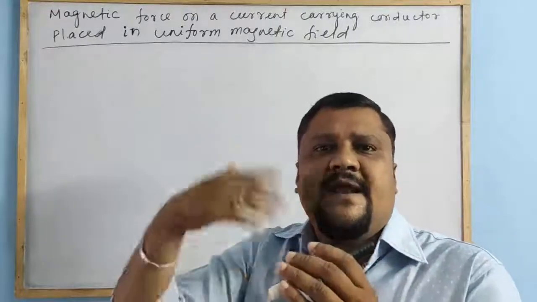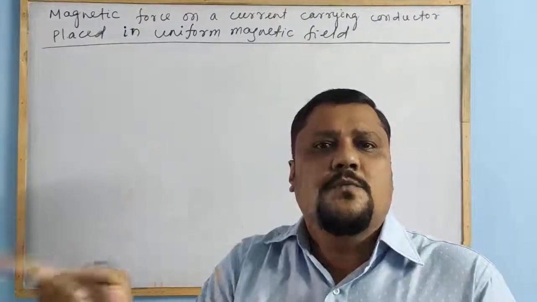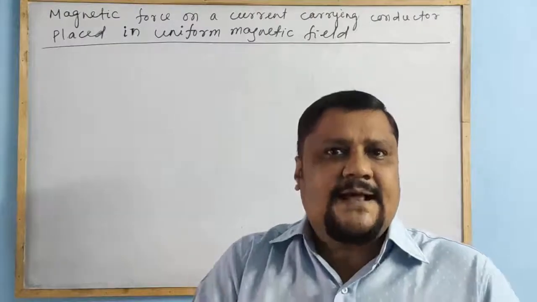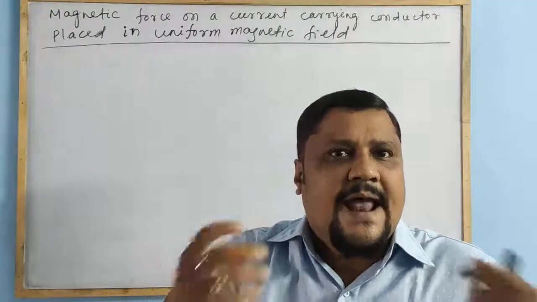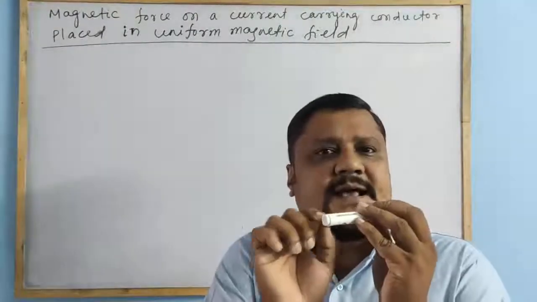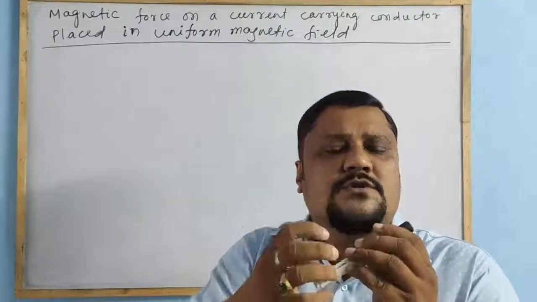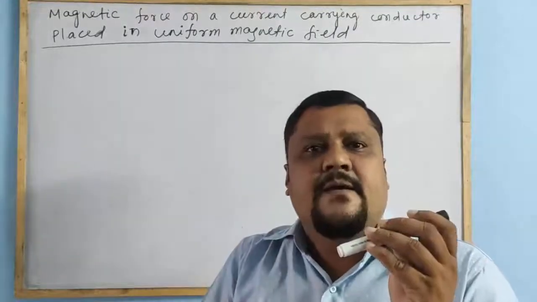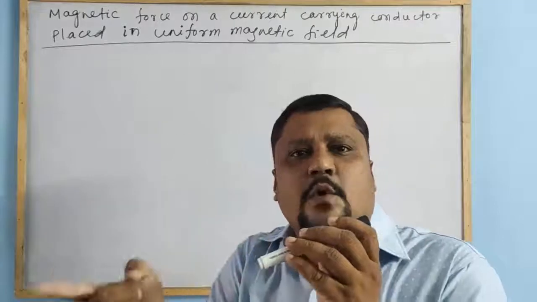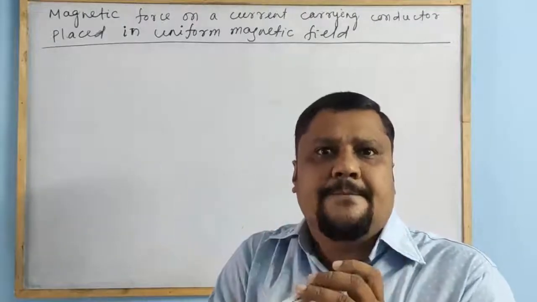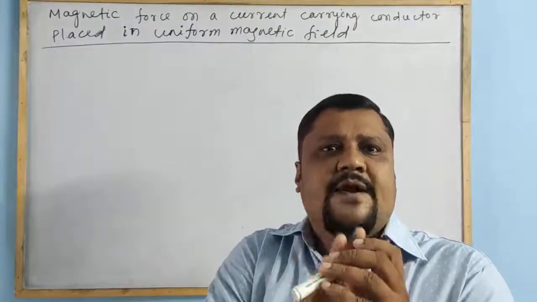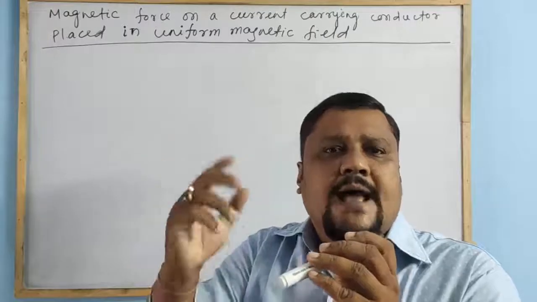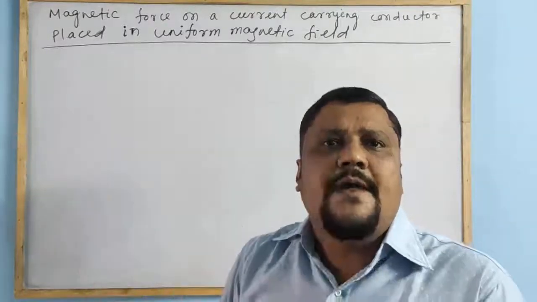There is an external magnetic field. So if the electron moves in the external magnetic field, it experiences a force. And as there are so many electrons drifting opposite to the direction of flow of current, the conventional current is opposite to the direction of flow of electrons.